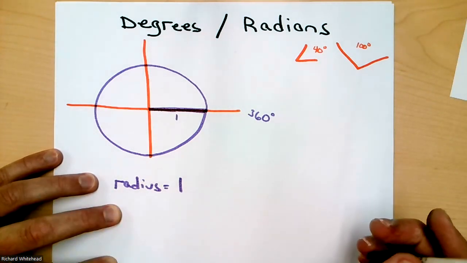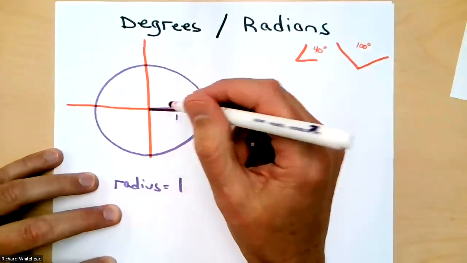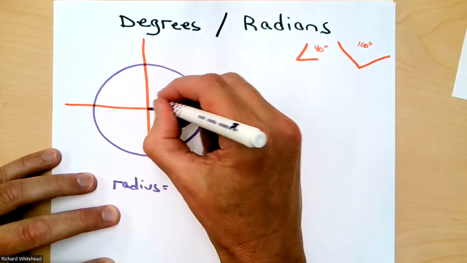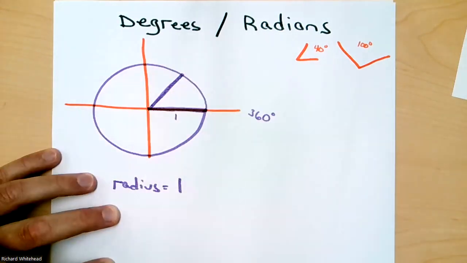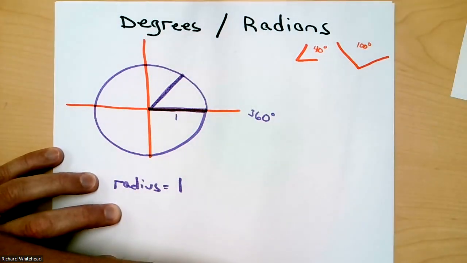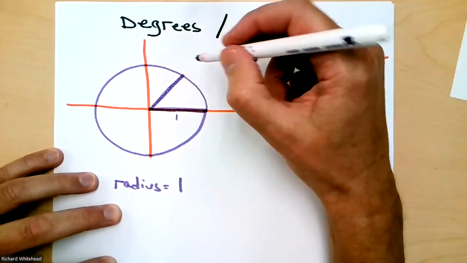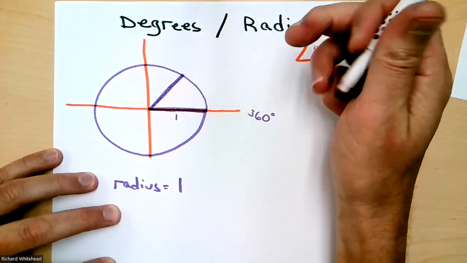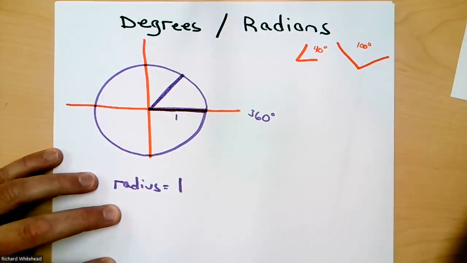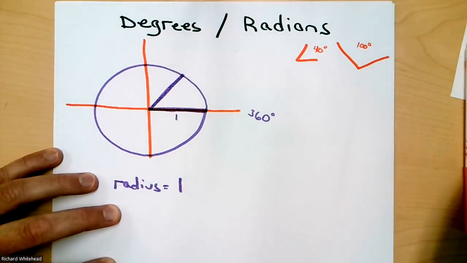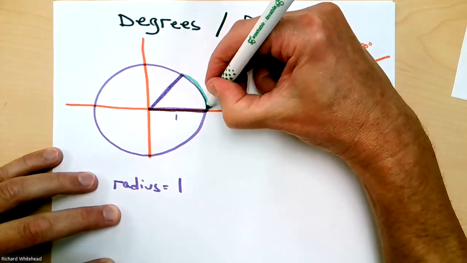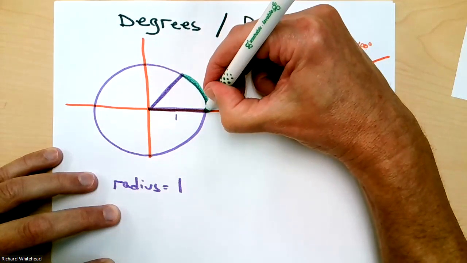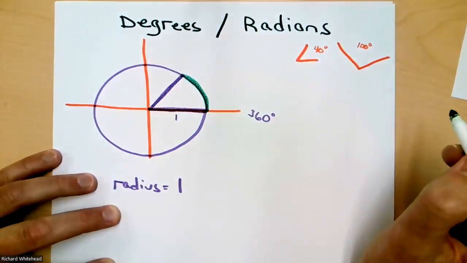Then if I make an angle in there, we're going to do what's called a radian measure. The radian measure is the measure of the intersected arc. So the radian measure actually becomes the measure of that intersected arc right there.